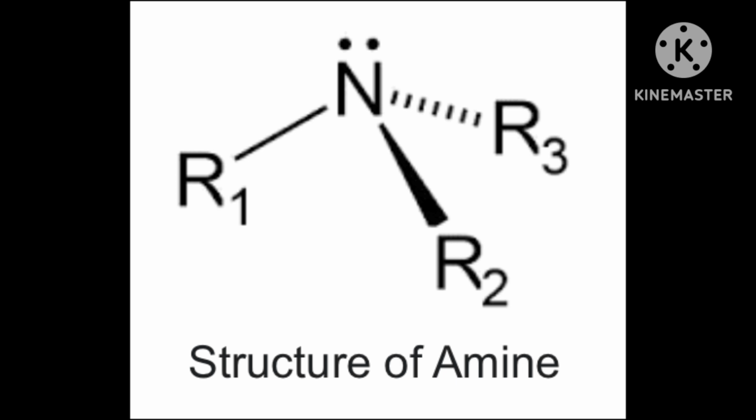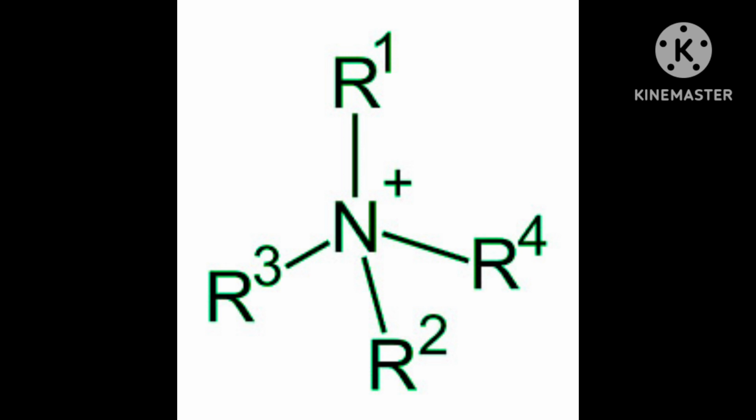Now if you replace the third H, what will happen? Replacement of another hydrogen atom by an alkyl or aryl group leads to the formation of a tertiary amine. Now all three H are replaced by alkyl or aryl groups, and it is called a tertiary amine. Amines are said to be simple when all the alkyl or aryl groups are the same.